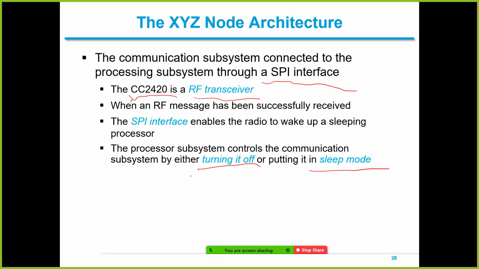This is a common implementation in wireless sensor nodes, because it's very important to find a way to save more energy.